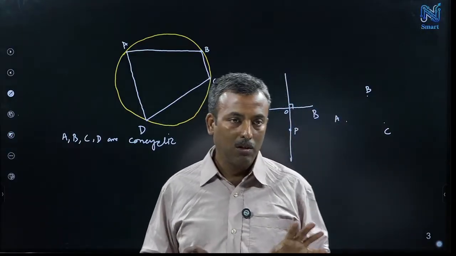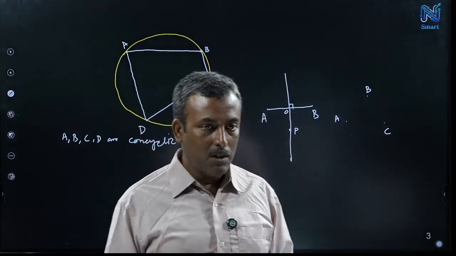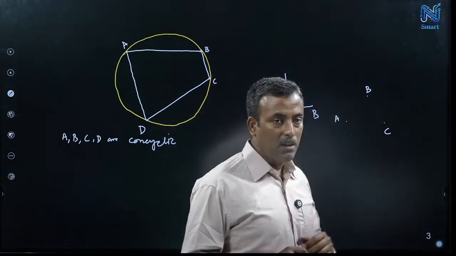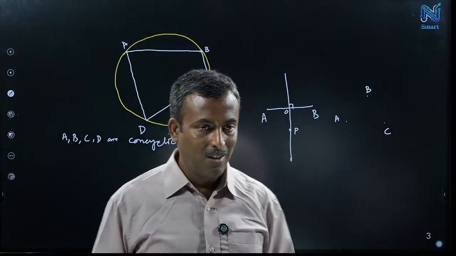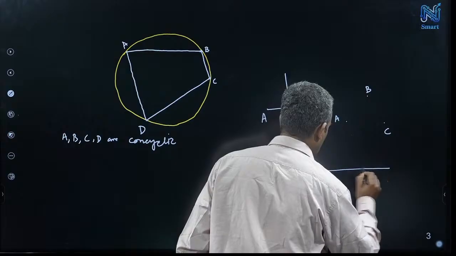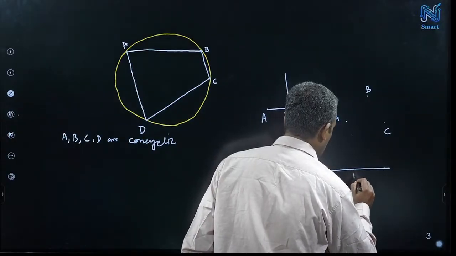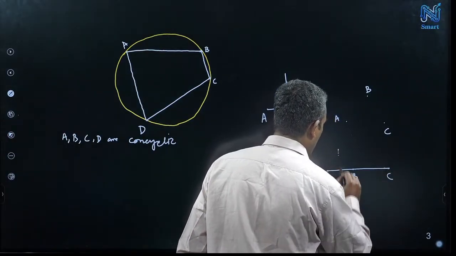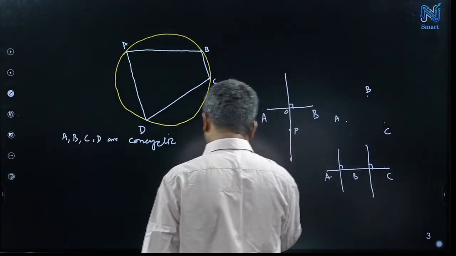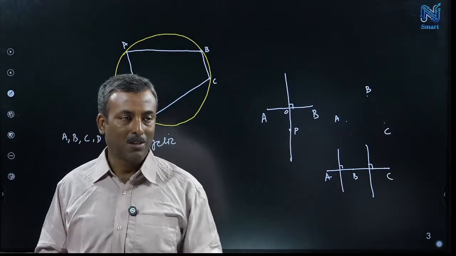So we get exactly one circle, but there is a small problem. If A, B, C are collinear, then we can't draw a circle, because the perpendicular bisectors of AB and BC are parallel, so they don't intersect, and there is no center.